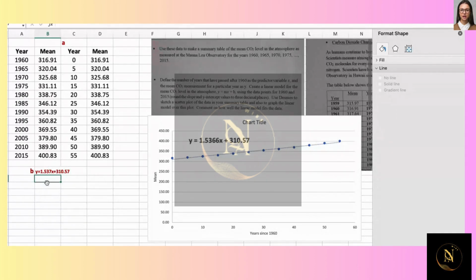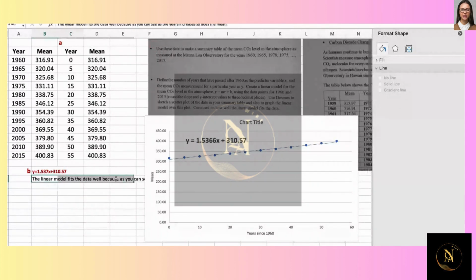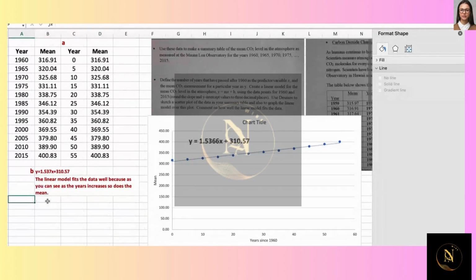So the linear model fits the data well, because as you can see, as the years increase, so does the mean. Let me make this a little bit wider so we can fit that in.